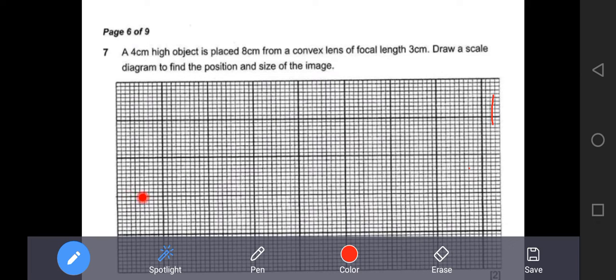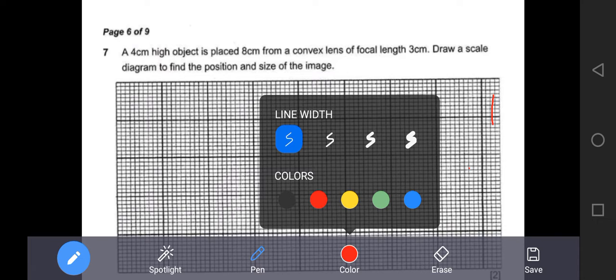Or if you don't want it like that, you can just get your rule and measure your 8 centimeters from here or anywhere. So if my 8 centimeters is here, my object is somewhere there.